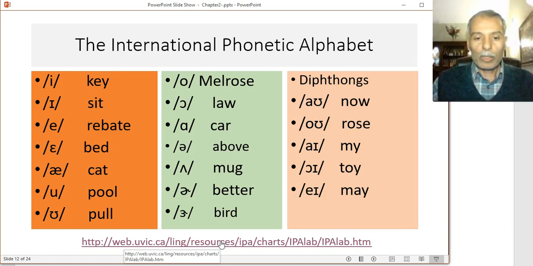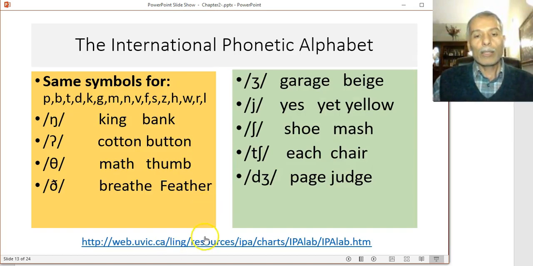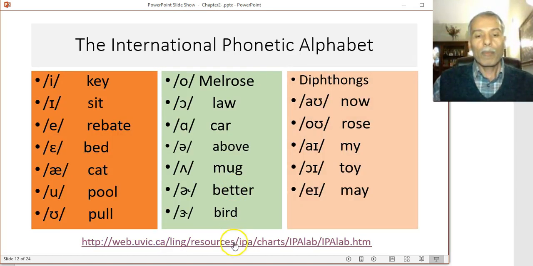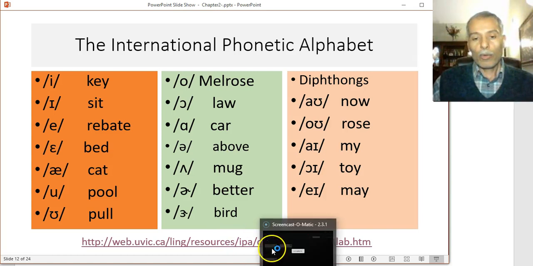I just hope it opens here. So it gives you all of these sounds. You just click on one, and then it's going to give you the pronunciation.